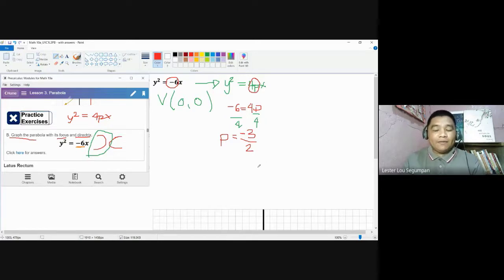Now, do not be confused with the previous video where p is also -3/2, because here we still also have -3/2. The purpose for this p is for telling us that the absolute value of this, which is 3/2, is the distance of the focus from the vertex as well as the distance of the directrix from the vertex.